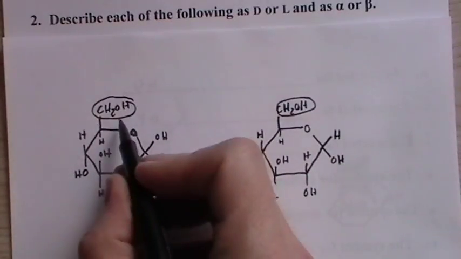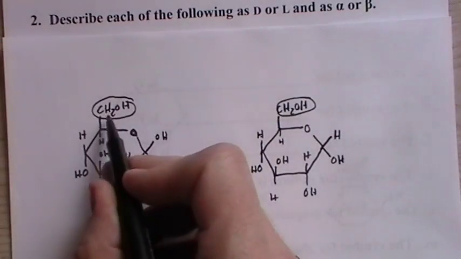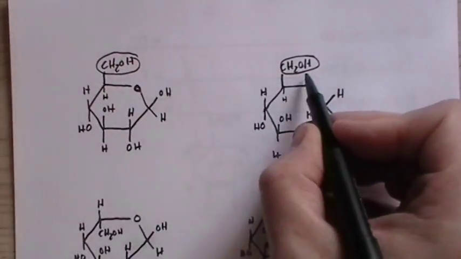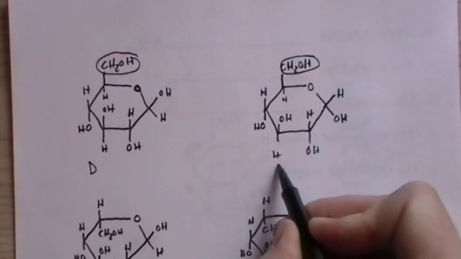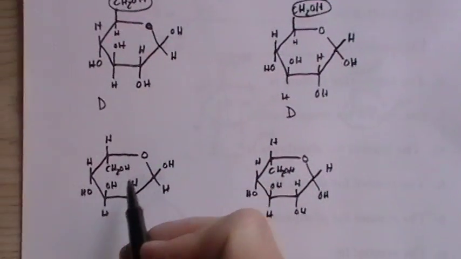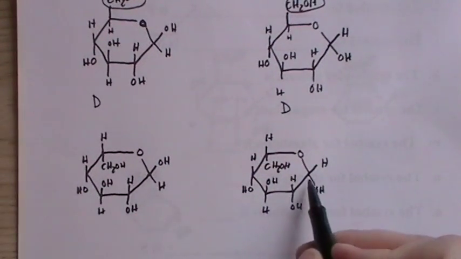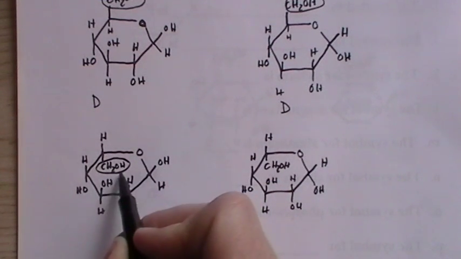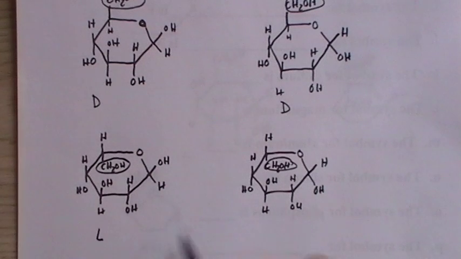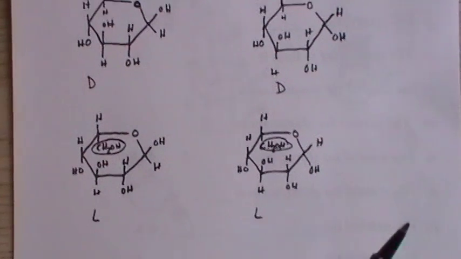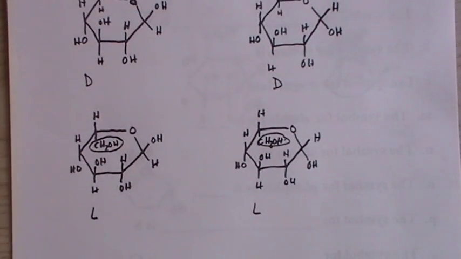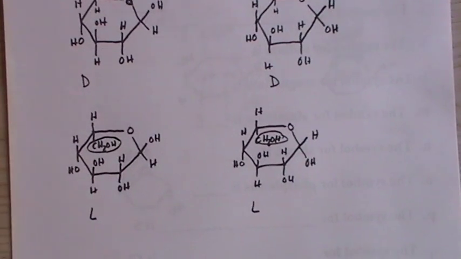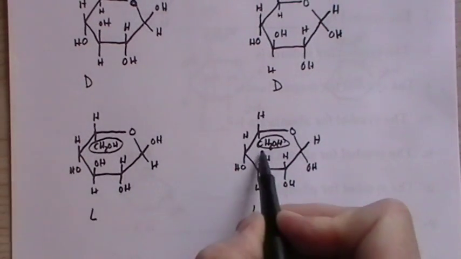The CH2OH group is above, so these are both D. And then below here, in these rings below, we have the CH2OH below, so those are L. Those would have been the ones where the last OH group on the last chiral center is on the left, which would have forced these guys down.